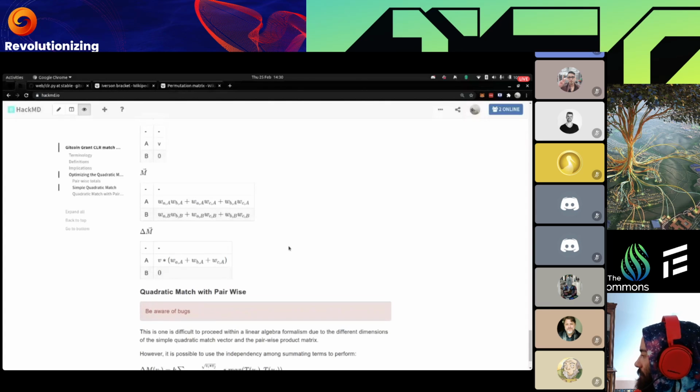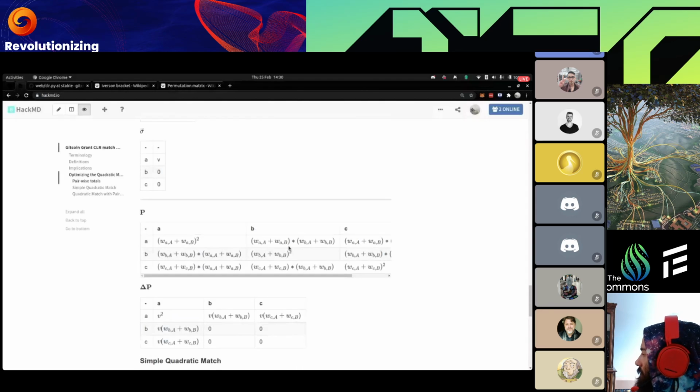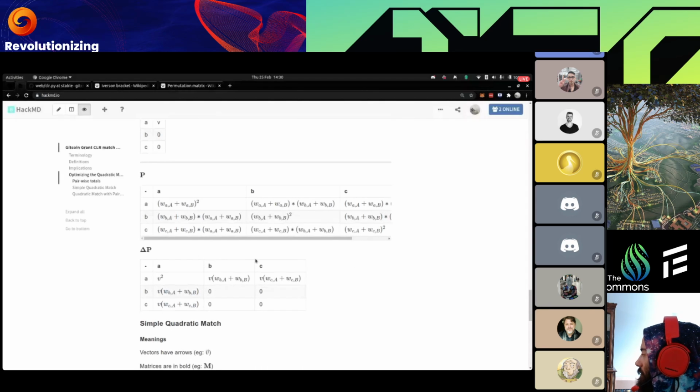Yeah. And also, once you have the matrix formalism, it's way easier to identify what the delta is. It's more explicit, because in the end, we're only interested in the deltas.